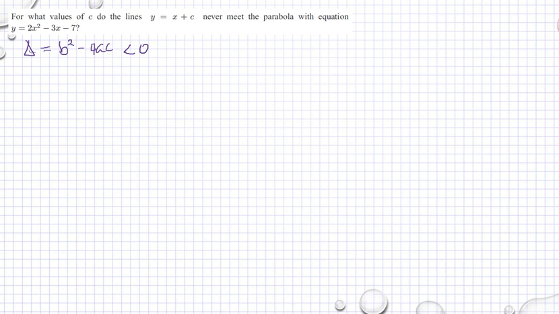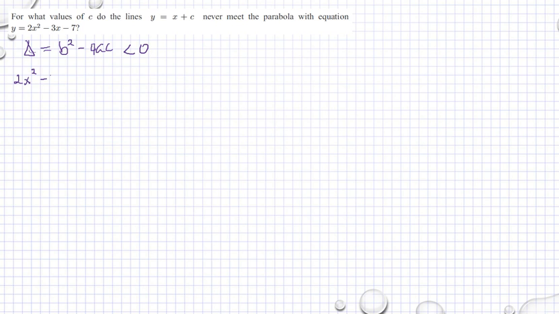That is what we're going to try to do. When the discriminant is less than 0, there is no point of intersection. It's almost the same as when we solve the quadratic equation.